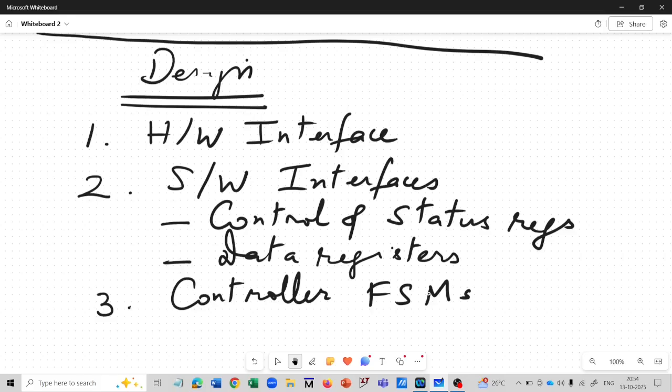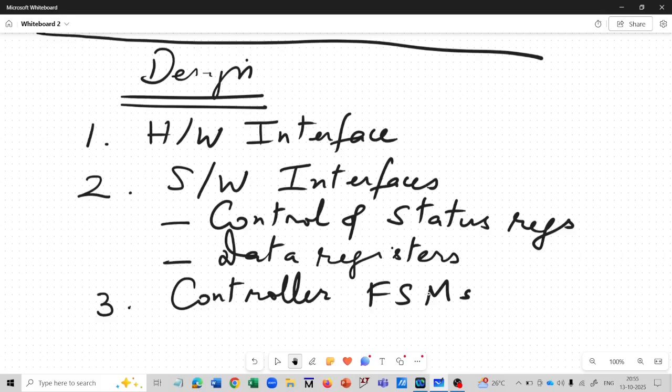A clear understanding of the functionality will also enable us to identify the control words required for initiating the transactions and the various status bits that have to be provided in the status register. And also, we will be able to determine the type of data registers that have to be provided.